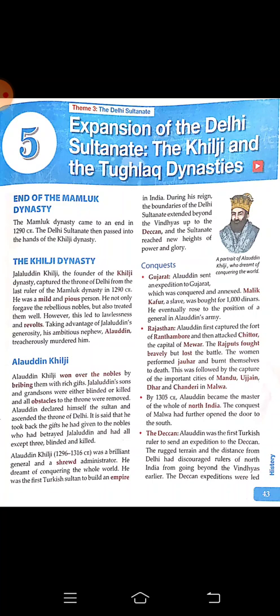He was a very pious, meaning religious person, and he used to treat the revolts, or you can say all the people, very lawfully. Taking advantage of Jalaluddin's generosity, his ambitious nephew Alauddin Khilji murdered Jalaluddin.